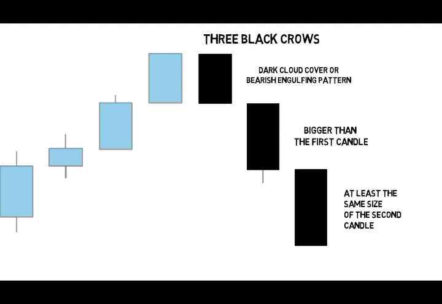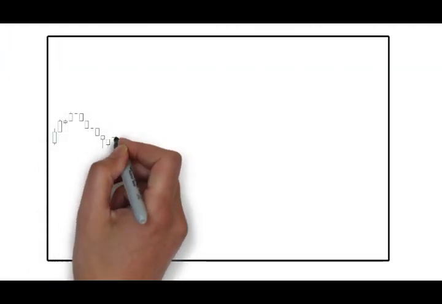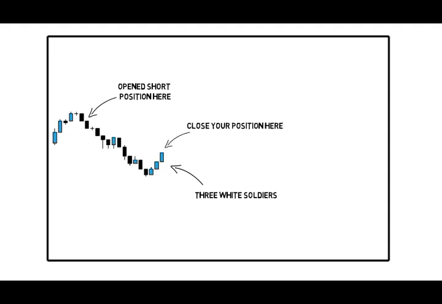The problem with both of these candlestick signals is that by the time they have fully materialized, the price may have already made the biggest move, so you can't jump in the market straight away. One way to use these signals is to determine when to get out from your existing positions. For example, you have been short here, and after seeing the 3 white soldiers appearing, you close your position to protect your profit.